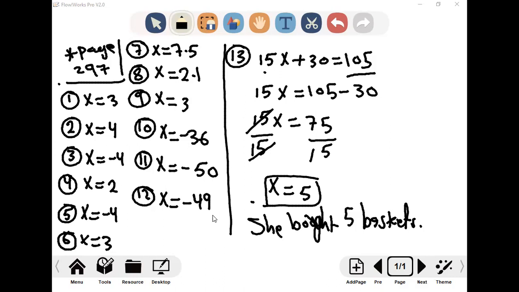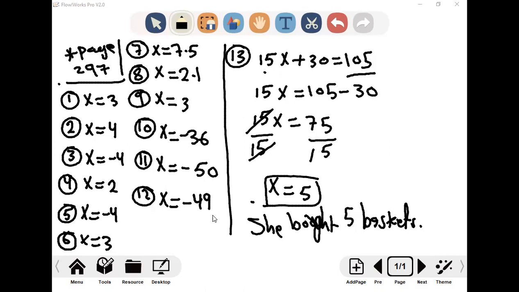Now take a look at the title of the third lesson. Write and solve. First, write and solve. In the previous lesson, we did solving. We have the equation and we solve it, right? In this lesson, we will write the equation and we will solve it.